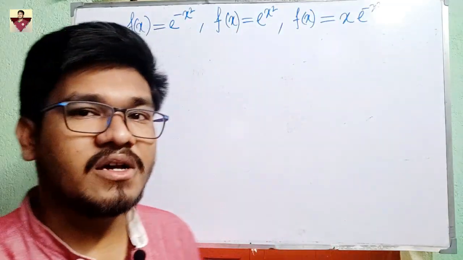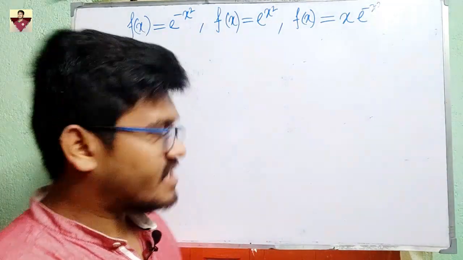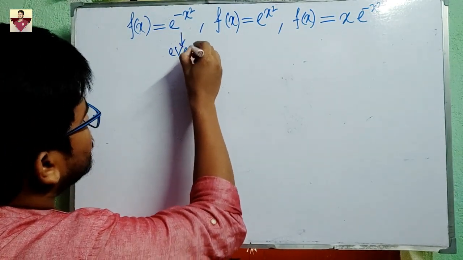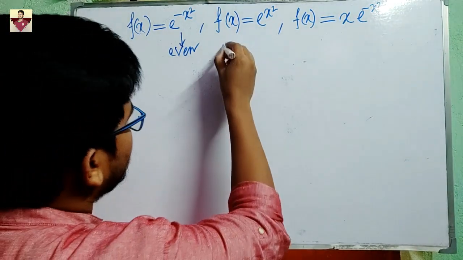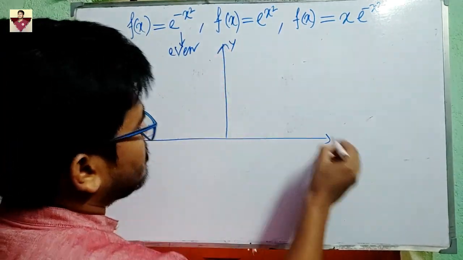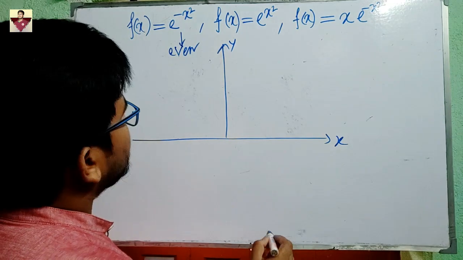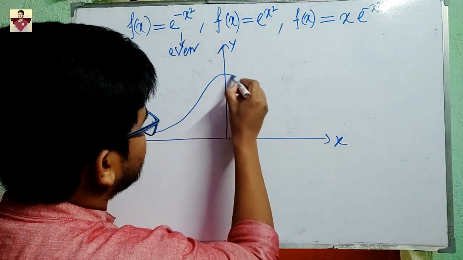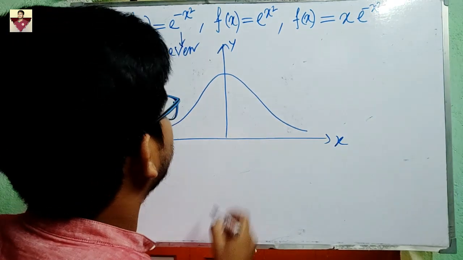Now if you are given a function f(x) equal to e to the power minus x square, then obviously it is an even function. When the function is even, you know that the graph will be symmetric about the y-axis. So this is y and this is the x-axis. Then the function will look like this. This is a Gaussian distribution function, you can say.